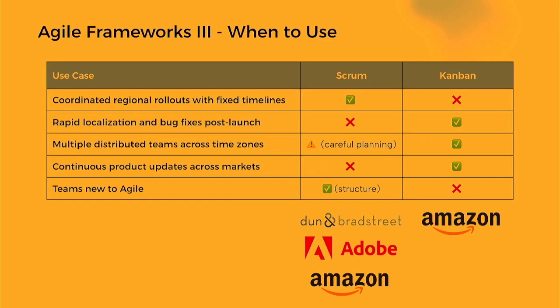And in terms of when to use it, let's say in a global setting, meaning you want to launch it globally, from my years of experience at Adobe, Dun & Bradstreet, and Amazon, it's still best to use Scrum. Why? For regional use cases, it's just easy to organize when you have regional teams and they're all applying Agile Scrum methodology versus something that is more Kanban.